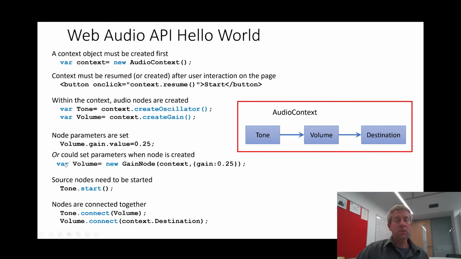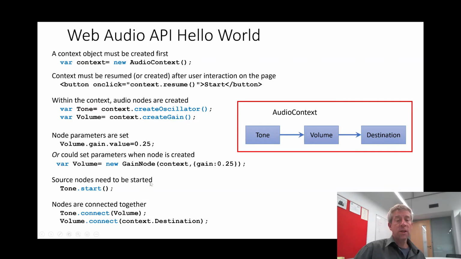That's what's being shown just below, where rather than volume being the create gain method of the context, we said volume will be a new gain node using that specific audio context and with the gain level set.